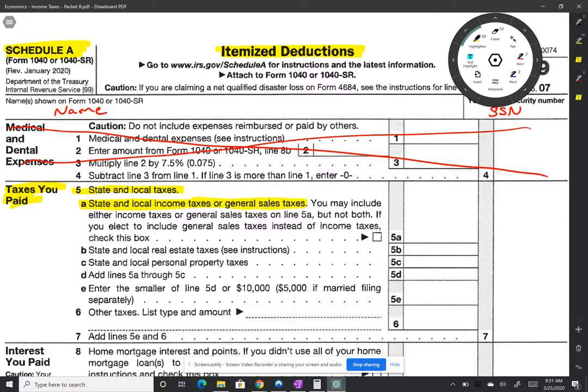No. We're going to get something. And so they gave us general sales tax, right? You may include either income taxes or general sales tax, but not both.